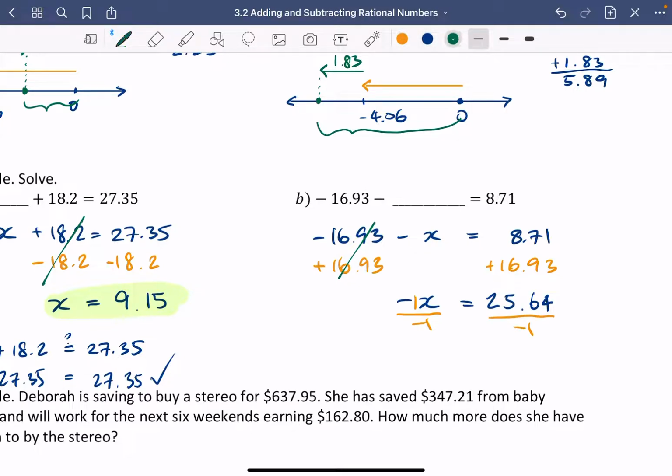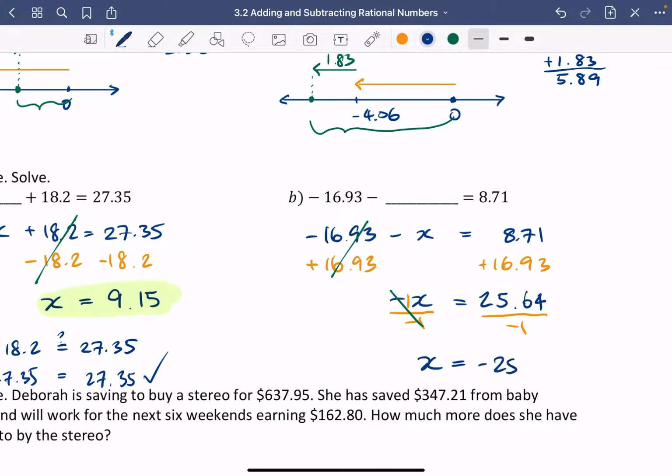And so the -1 and the -1 will cancel each other. -1 divided by -1 is 1, so it will become positive. And 25.64 divided by -1 will be -25.64. And you guys can check it by bringing it back into the equation and substituting it for the blank.